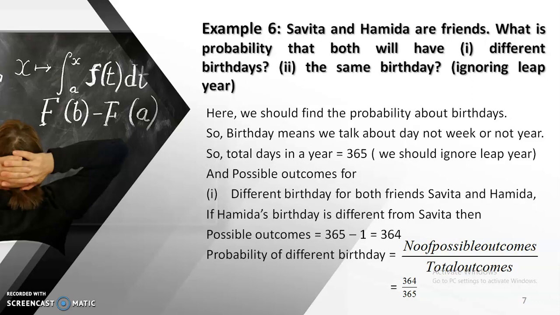Now second, the same birthday. I am giving you guidance that same birthday means same day. Same day means a single day, right? So possible outcomes equals 1. It is just guidance. Now you should write it in homework. So go to the next.